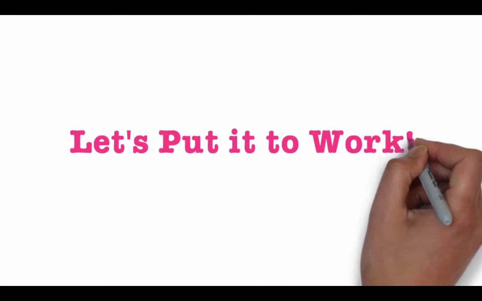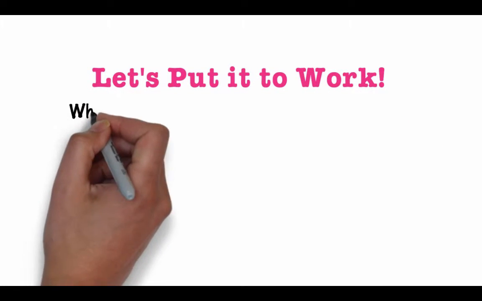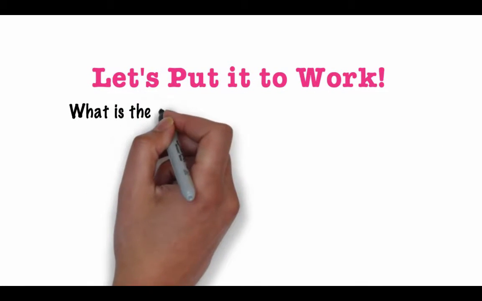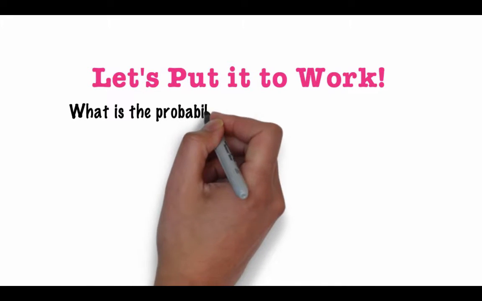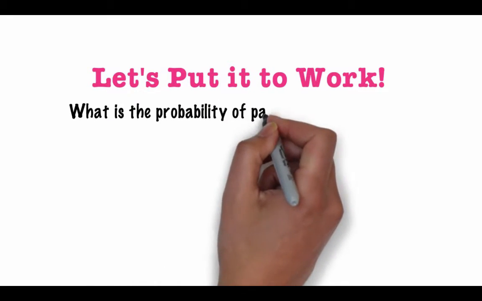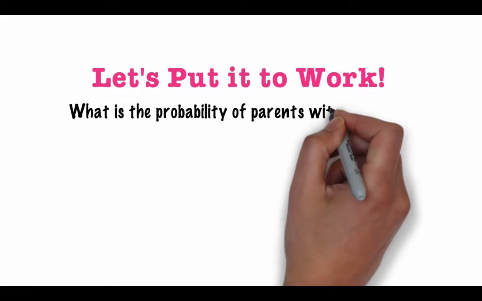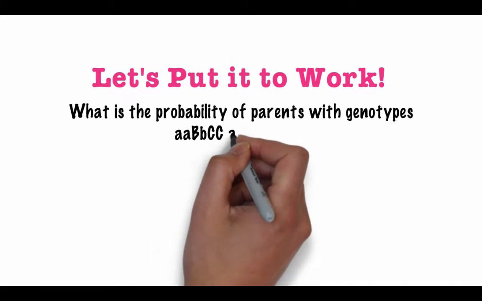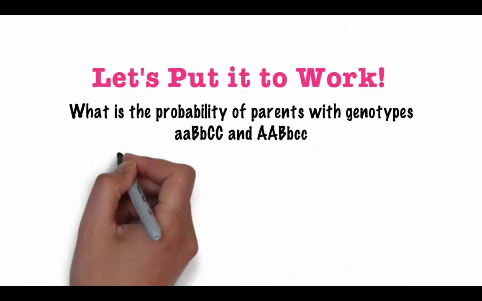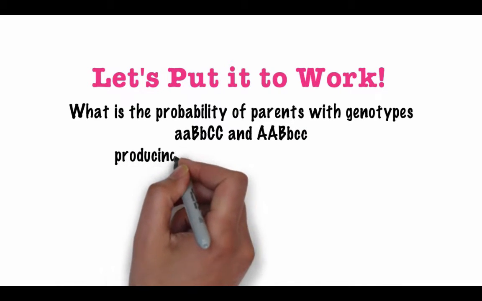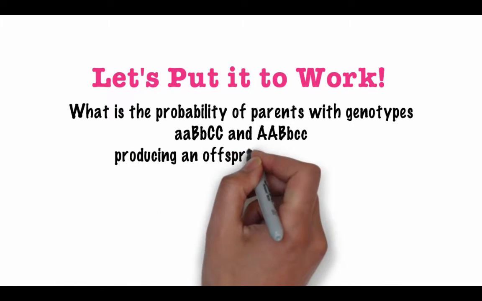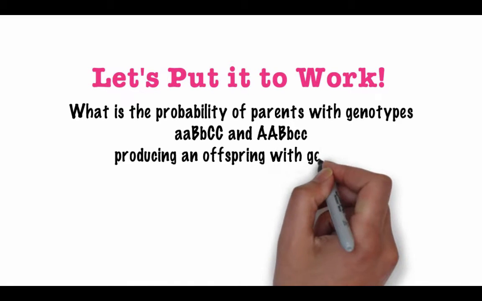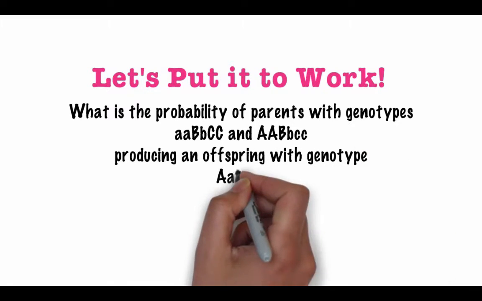Let's put it to work. Take a look at this problem. What is the probability of parents with genotypes little a, big B, big C, and big A, big B, little c, producing an offspring with the genotype big A, big B, big C?